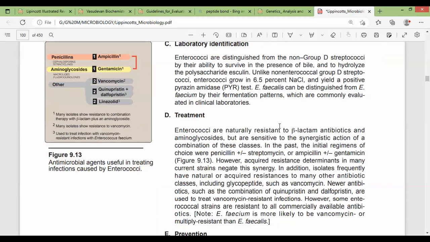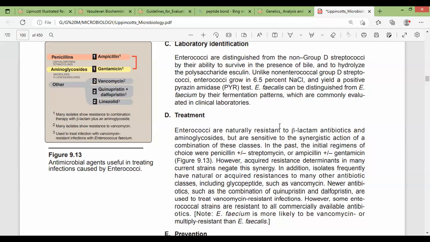to beta-lactam antibiotics and aminoglycosides, but they are sensitive to the synergistic action of a combination of these classes. What is that saying? Simply put, if you try to hit enterococci with a beta-lactam antibiotic alone, it returns that bullet to the center. If you try to hit it with an aminoglycoside alone, it will return that bullet to the center.